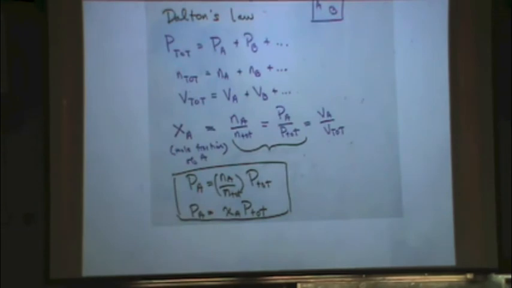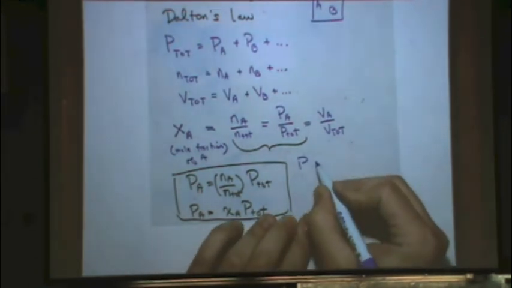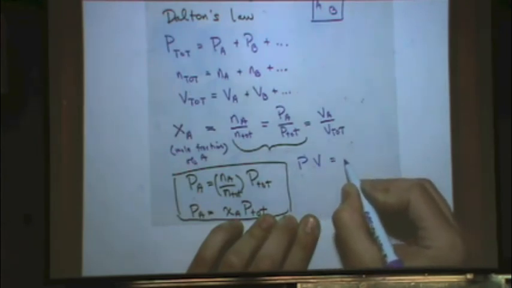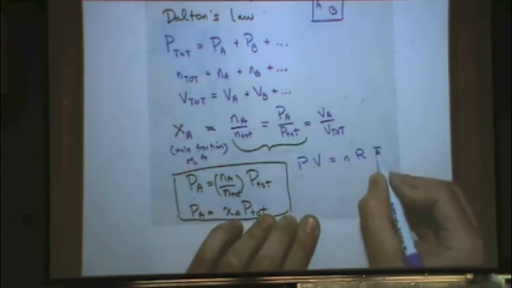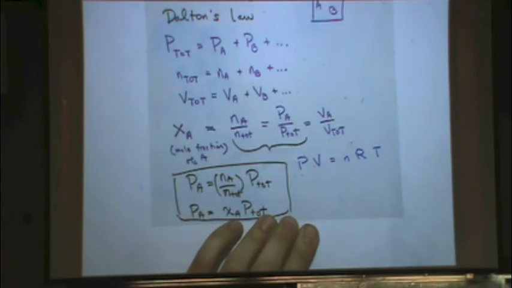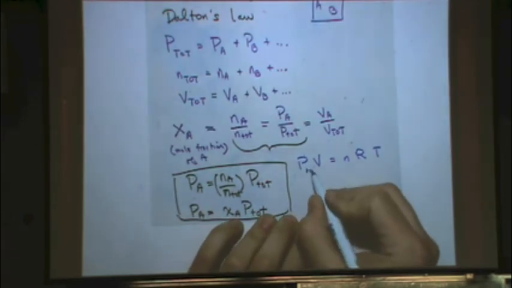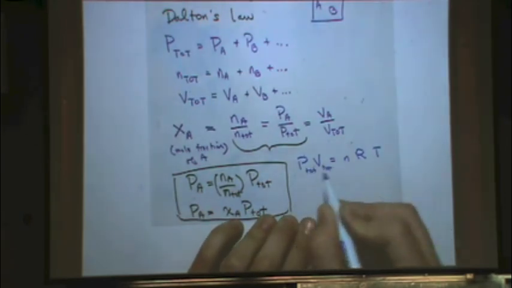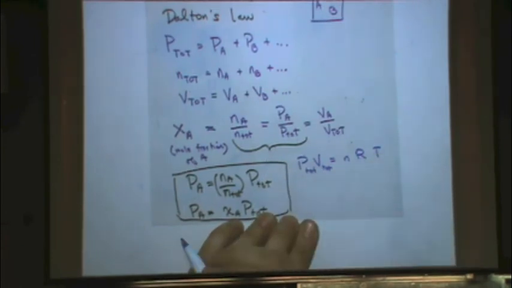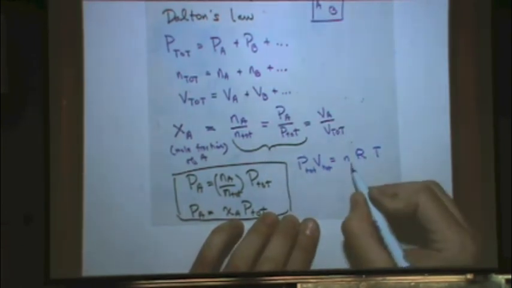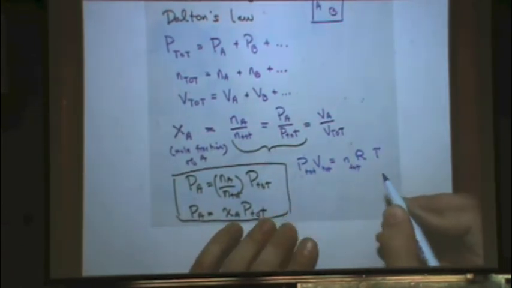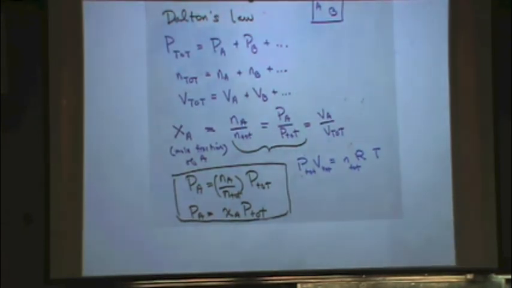Now, let me add to this on the right-hand side. This makes the ideal gas law kind of interesting at this point. You could say that P total times V total, as we saw above, equals n total RT, just to make the ideal gas law a little more specific.